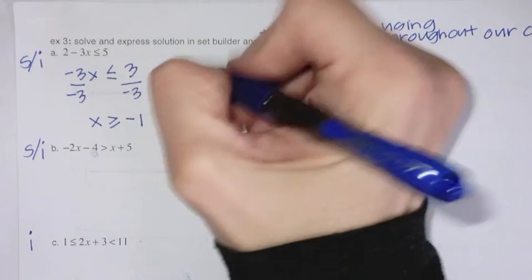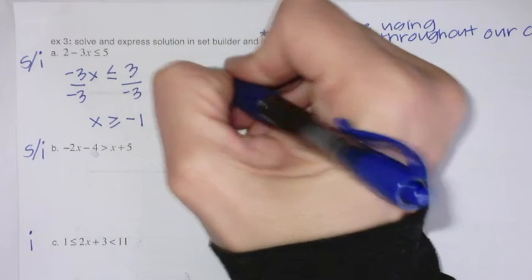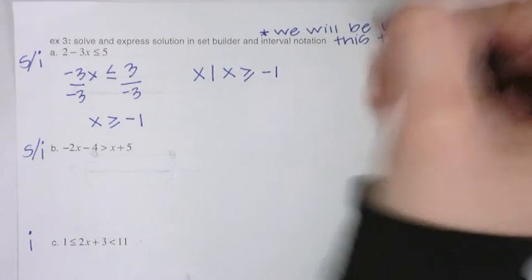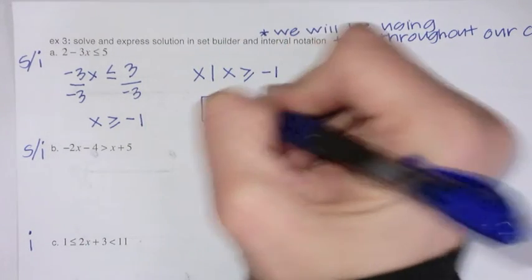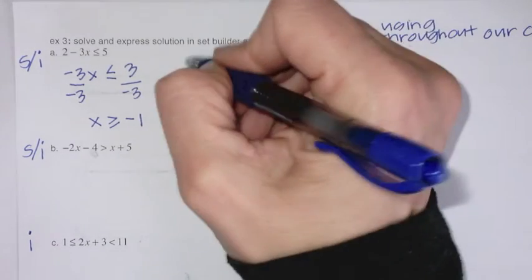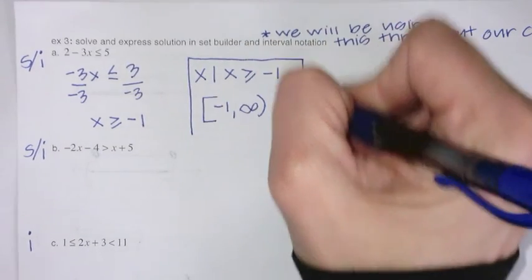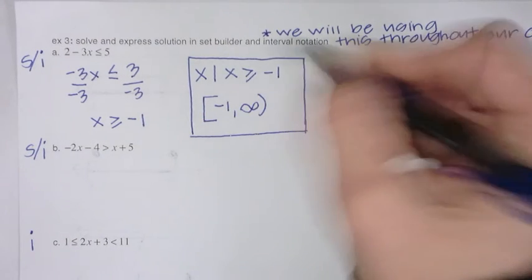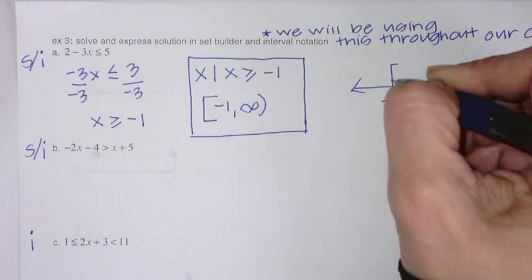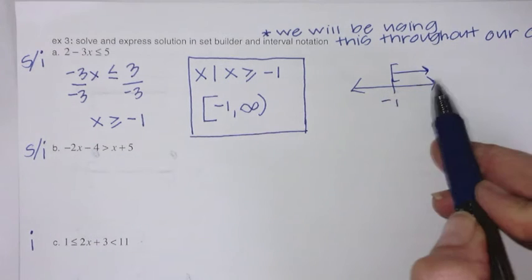So in set builder notation, we have x such that x is greater than or equal to -1. And in interval notation, we have -1 to infinity. And if you're wondering how I got that interval notation so fast, what I encourage you to do is just real quick graph -1, greater than or equal to, and then you can see least to greatest.